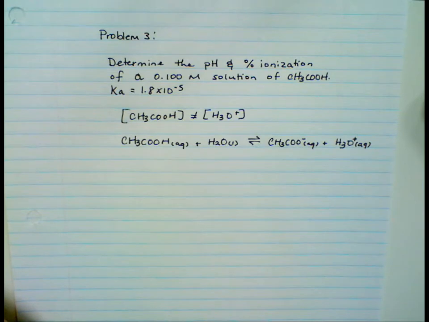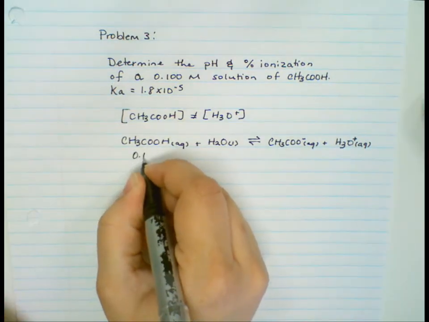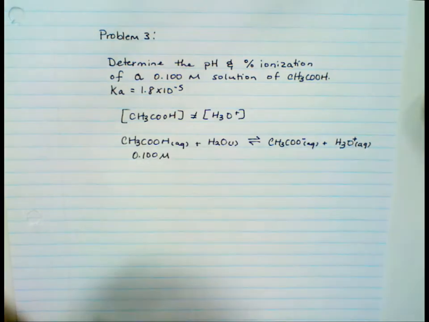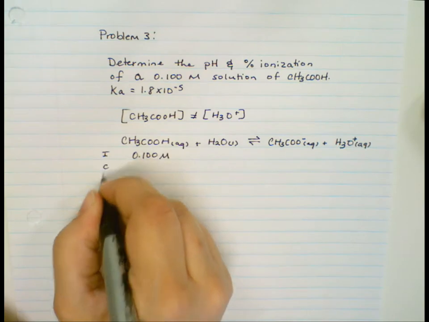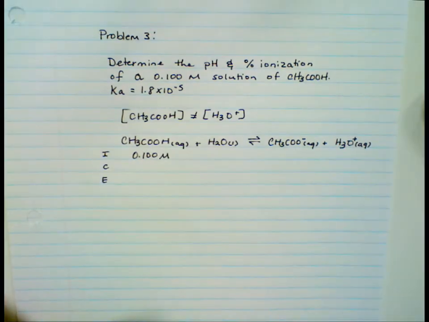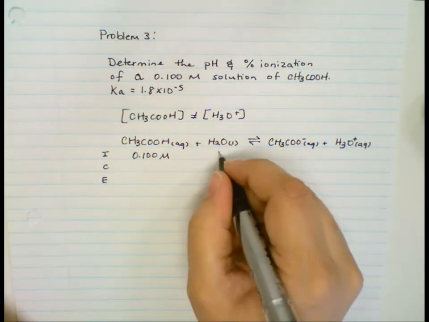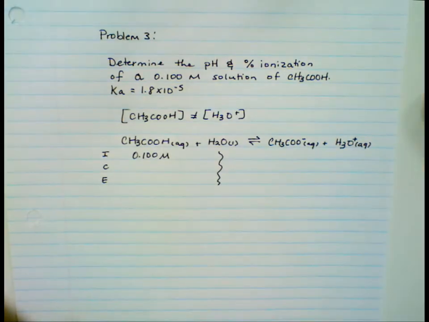But because it's equilibrium, we can use an ice table. So I know that the concentration of this acetic acid is 0.1 molar initially, so that's my initial. My change and my equilibrium will do next. So you won't need to calculate anything for water, because water is a pure liquid, and pure liquids are not part of our Ka expression, and so nothing needs to be calculated there.